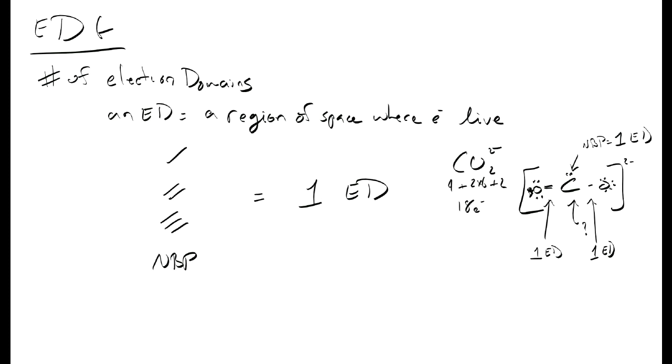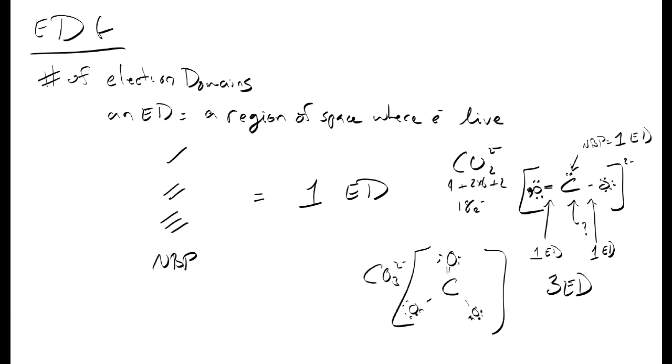All right, so all told, the carbon has 3 electron domains. Whereas you look at carbon in CO3 2 minus, C double bond to O, single bond to O, O. This carbon has a single bond, a double bond, 3 electron domains.